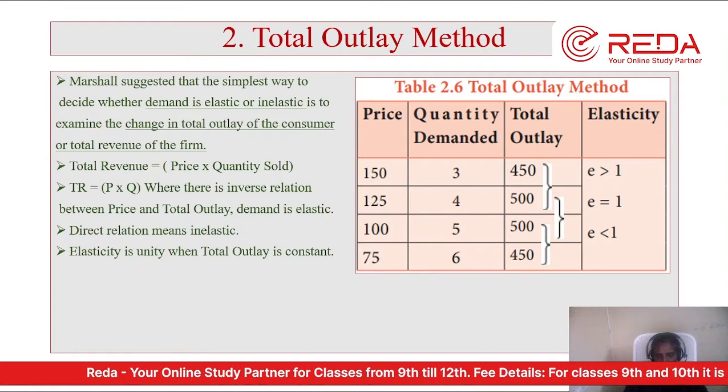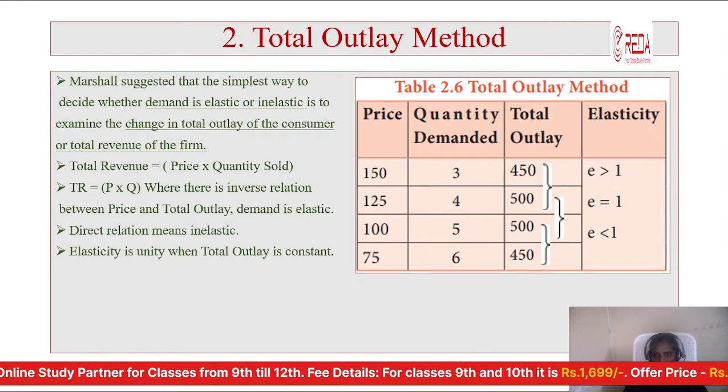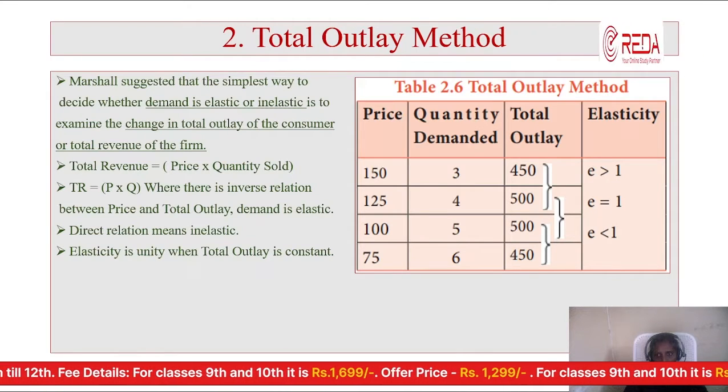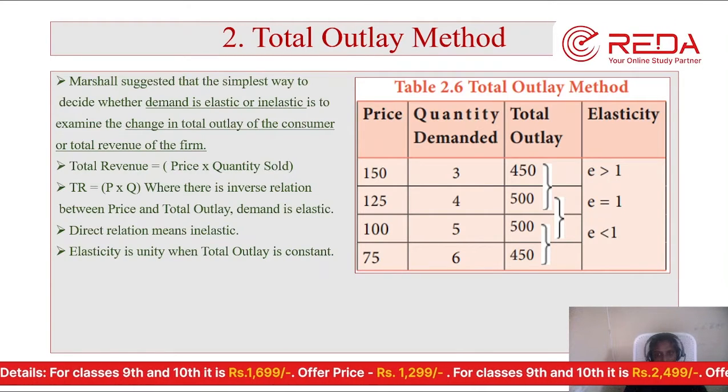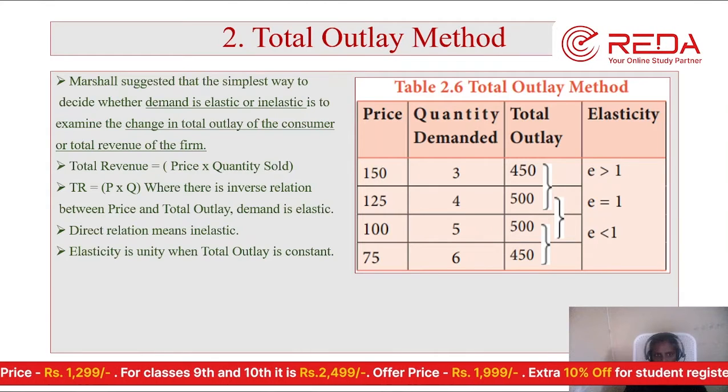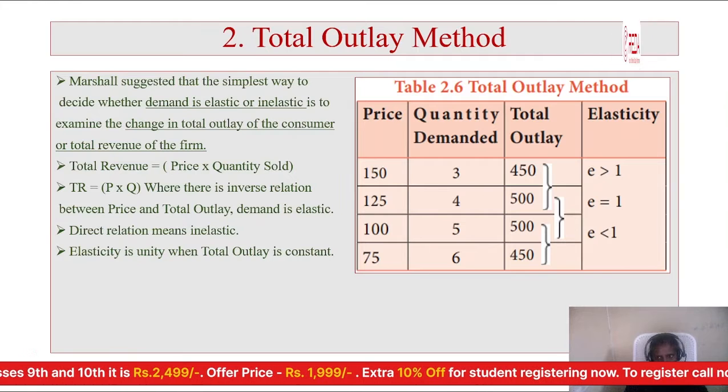For that he takes two ways. One is the total expenditure, or outlay, which is the expenditure of the consumer in purchasing a commodity; otherwise, the total revenue of the firm or the seller. Any one of the data can be used to analyze the elasticity of demand.